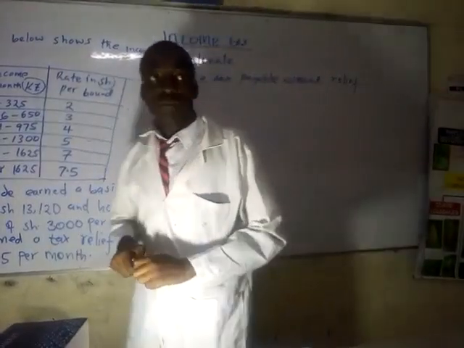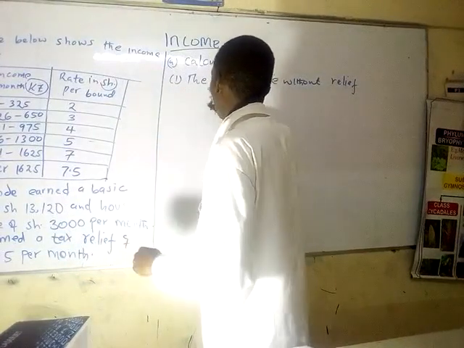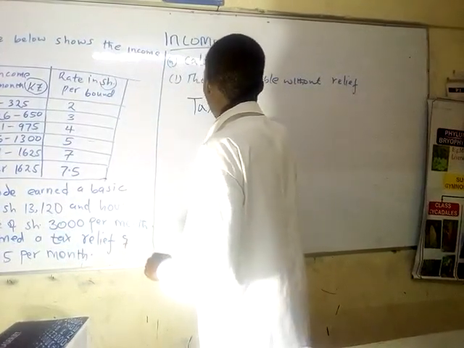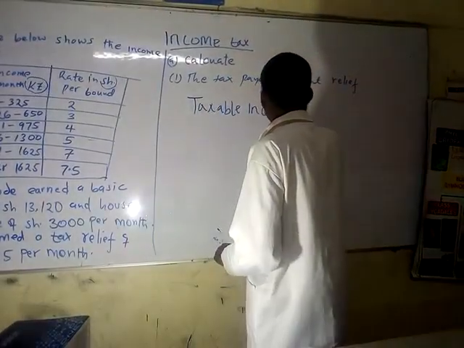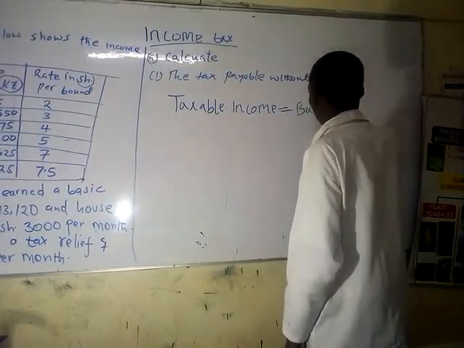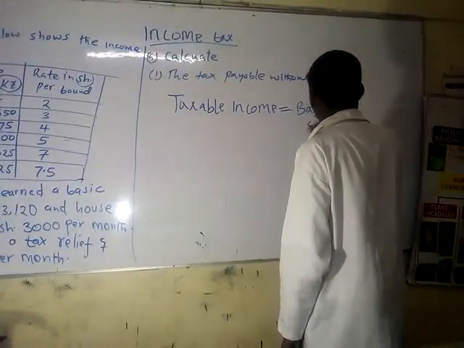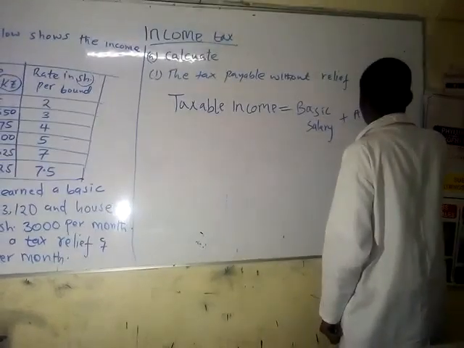To calculate the tax payable, first, what will we do? We will first find the taxable income, which I told you is given by basic salary plus allowances.